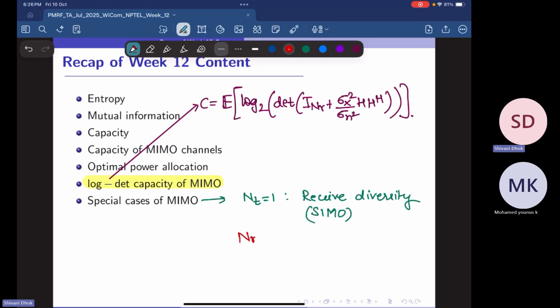And then we looked at NR equal to 1, and we have multiple transmit antennas, so I'll have transmit diversity, and this will basically give me my MISO case. And we saw that whatever observations we had with our basic understanding of diversity, same things follow when we looked at them through the MIMO perspective. So this was all that was covered in week 12.